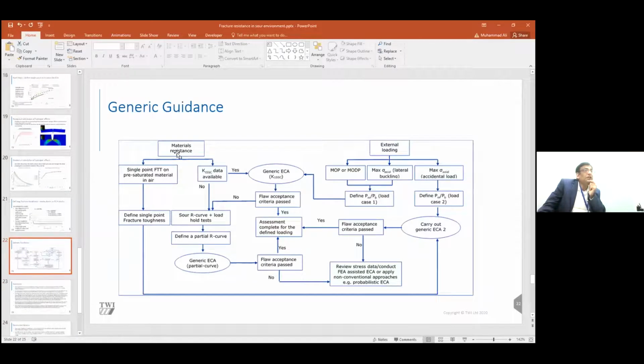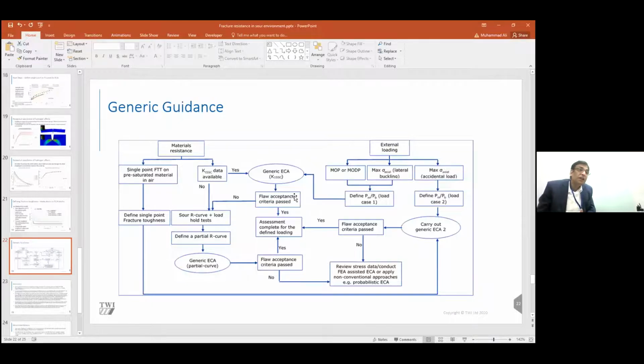Based on all the learnings, previous experiences, and the current work, we have defined a guidance of how to carry out an ECA in the presence of the available information. Now, I'm not going through this diagram because it's quite complicated, but it can give you a defined path to be adopted if you have certain types of data available or not available.